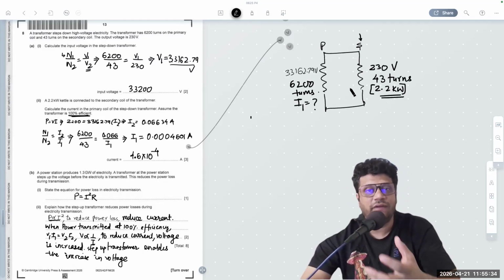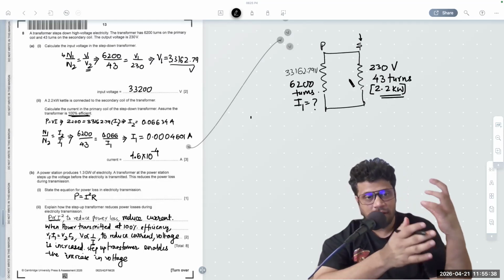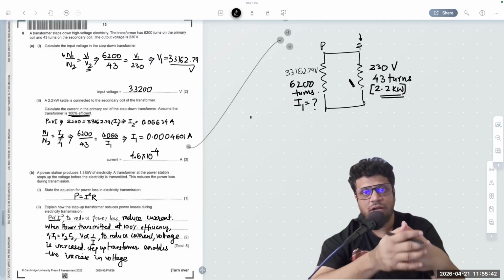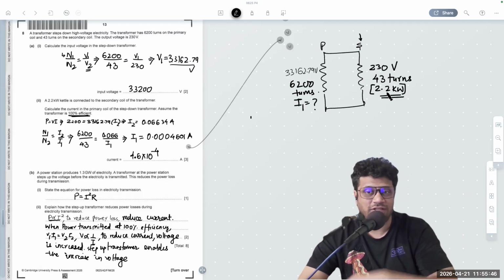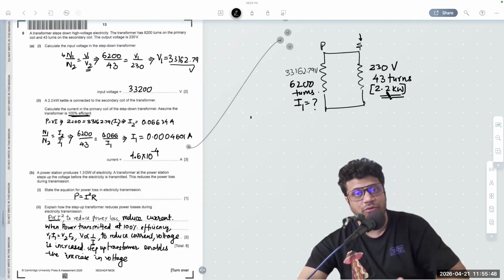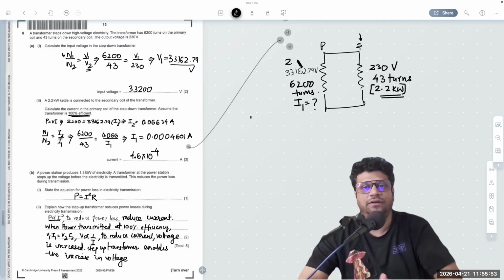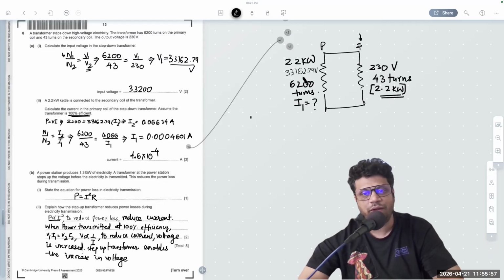That is what it means when it says 100% efficient. It means that the transformer is transferring that amount of power with 100% efficiency. If it is 2.2 kilowatts on the secondary, it is supposed to be 2.2 kilowatts on the primary also. So the power input to the transformer is also 2.2 kilowatts. And that is what we're going to use to figure out the current in the primary circuit.